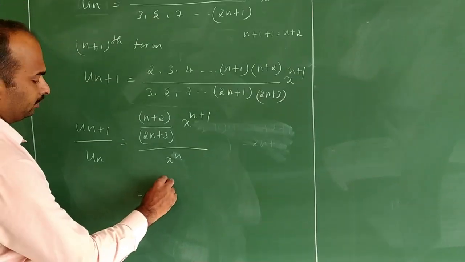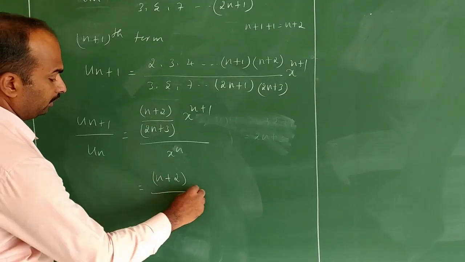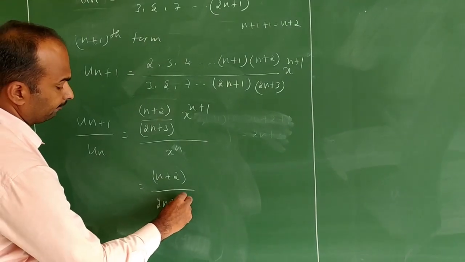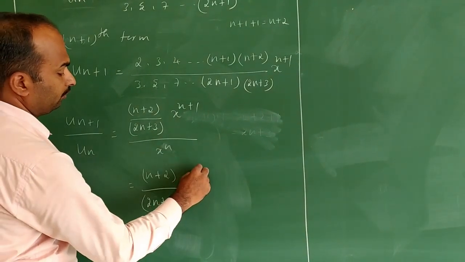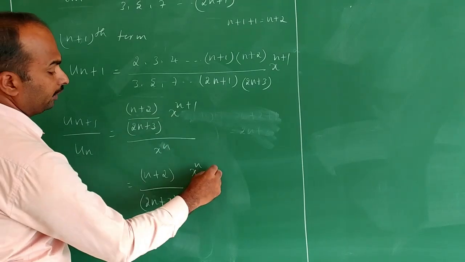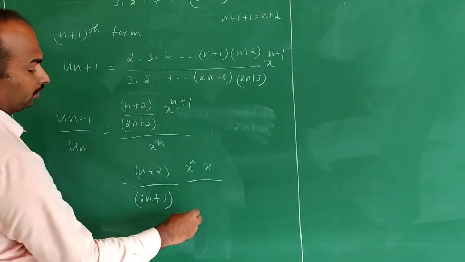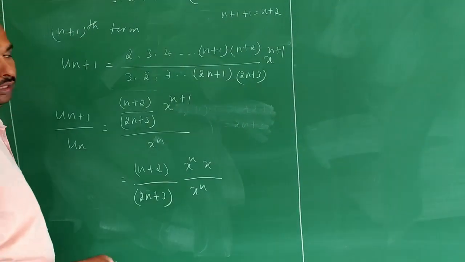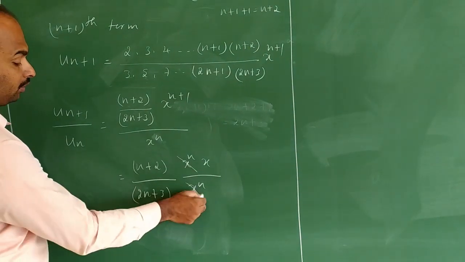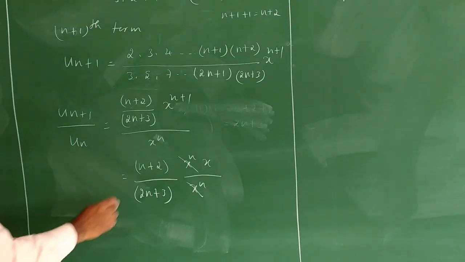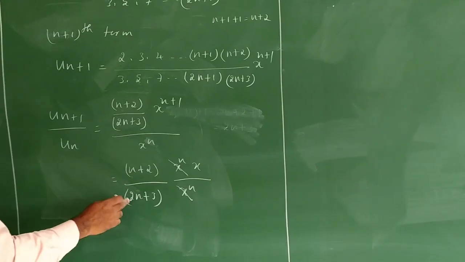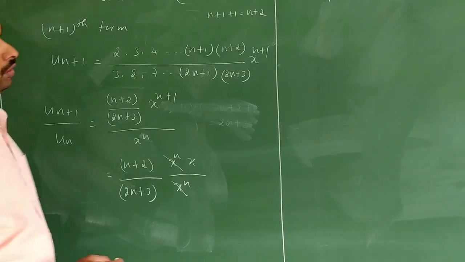So I will write as it is n plus 2 divided by 2n plus 3. Here x to the power of n plus 1 can be written as x power n into x. You split the power, divided by x to the power of n. Now this x power n and x power n will get cancelled. I will take n common from this, here also.